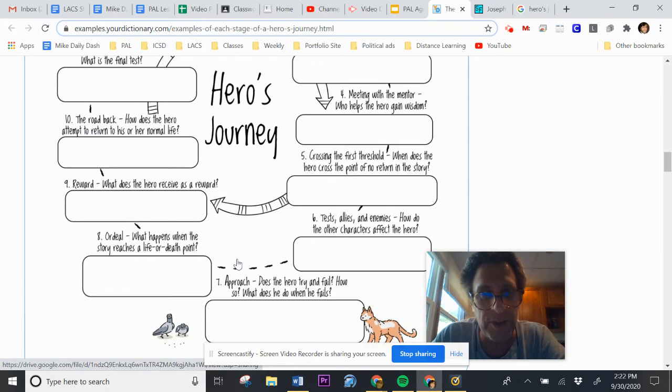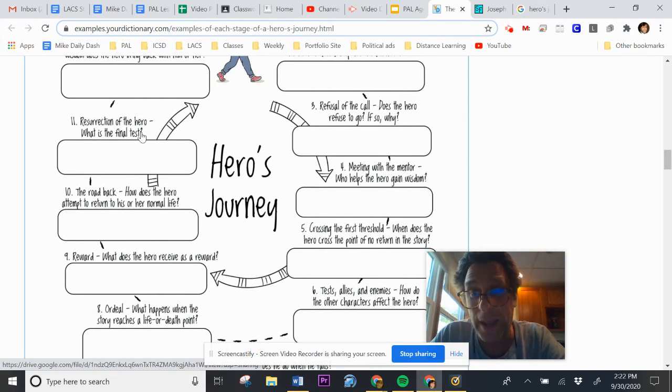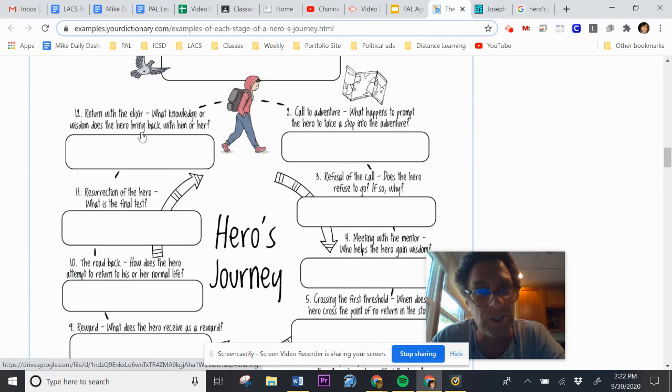So over and over again, the character tries, almost fails, but makes it, gets through ordeals, maybe eventually leading to a life or death moment, and eventually earns a reward for their work, which they bring home to their society, making their original home a better place, safe. And the hero returns changed with new knowledge or understanding or abilities back to their home.